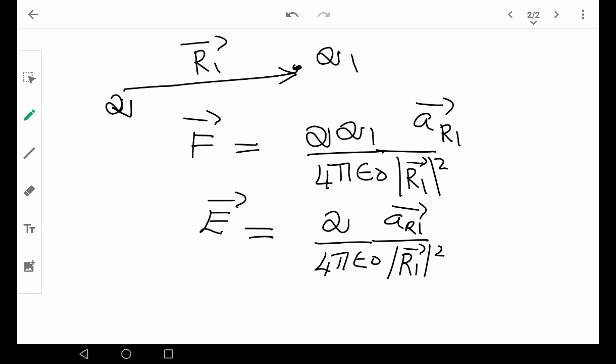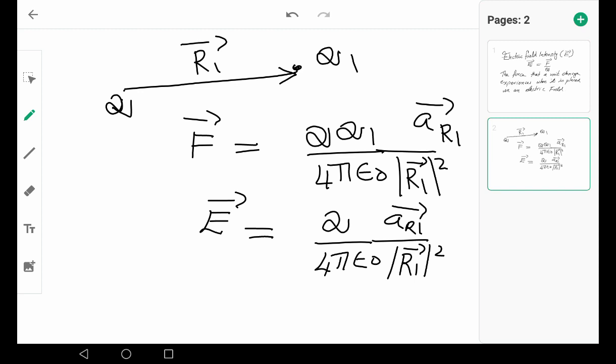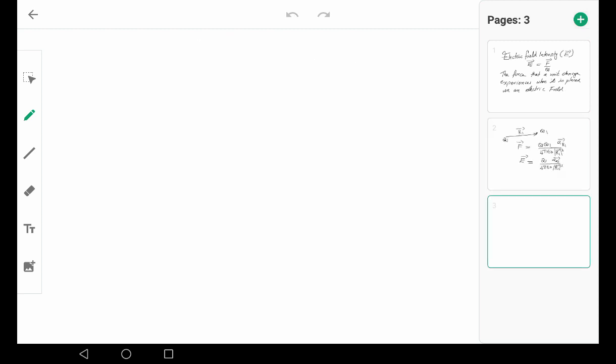Okay. So suppose you have a situation like, I have many charges. For example, I have a charge Q1 here, another charge Q2 here, maybe another charge Q3 here. I want to know the electric field at this point.